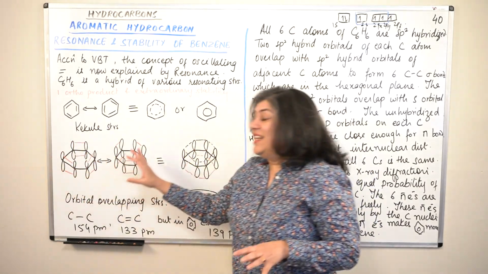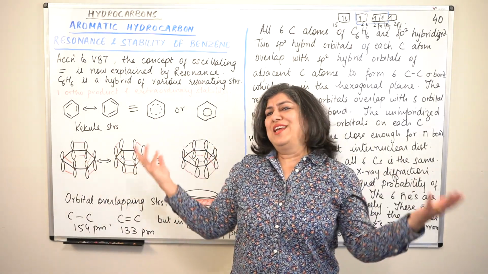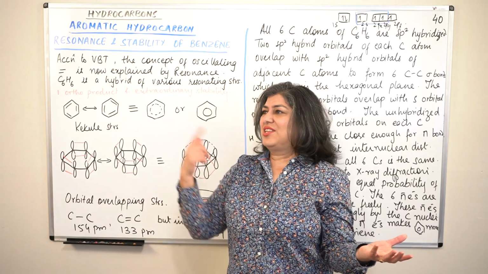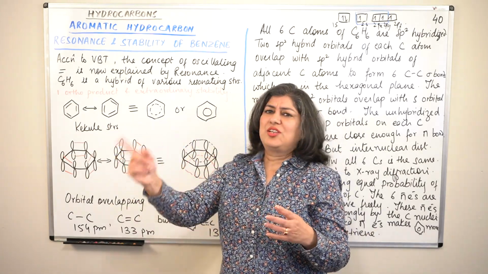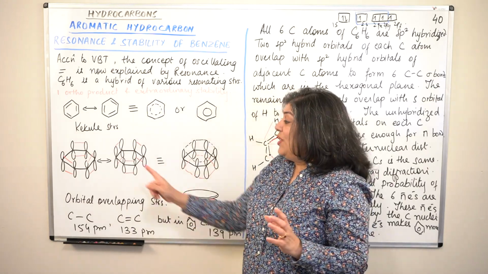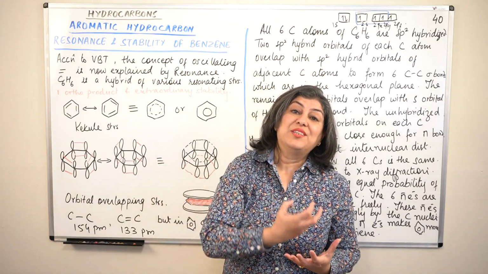These electrons become delocalized, and all the carbon atoms love those electrons equally. They don't say this is mine. Any electron that is coming is just friendship, it is just love. You don't say this is yours, that is mine. So the electrons are shared equally by all 6 carbon atoms.